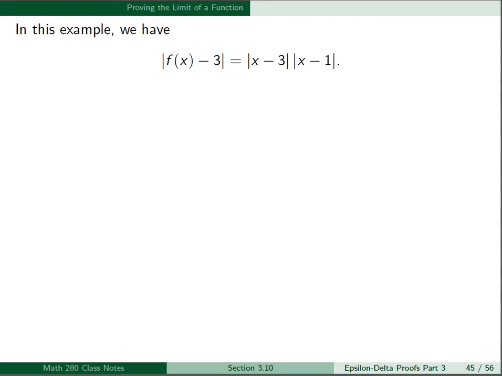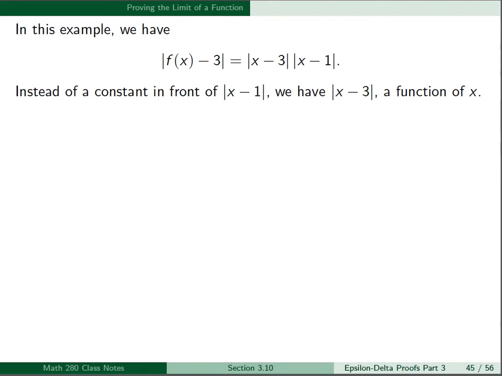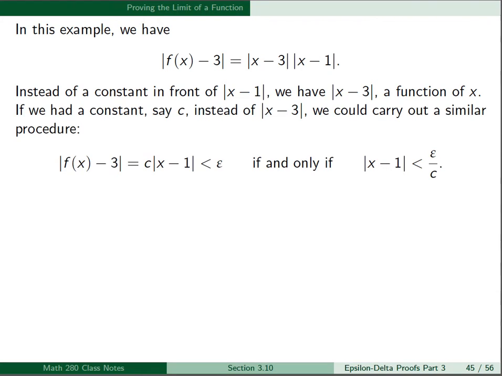In this example, we have the absolute value of f of x minus 3 is equal to the absolute value of x minus 3 times the absolute value of x minus 1. Instead of a constant in front of the absolute value of x minus 1, we have the absolute value of x minus 3, which is a function of x. Now, if we had a constant, say c, instead of the absolute value of x minus 3, we could carry out a similar procedure.